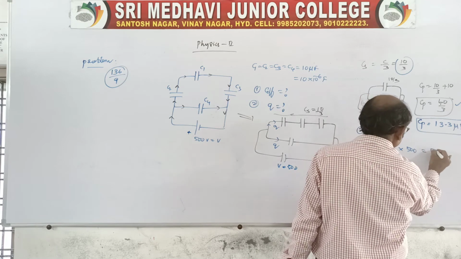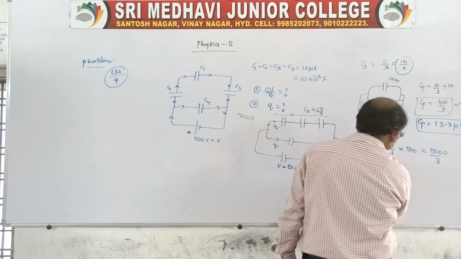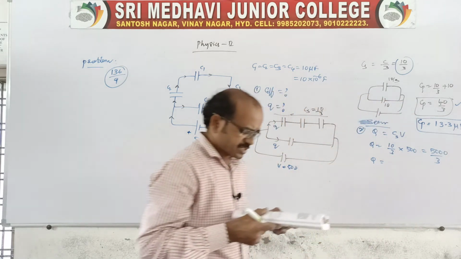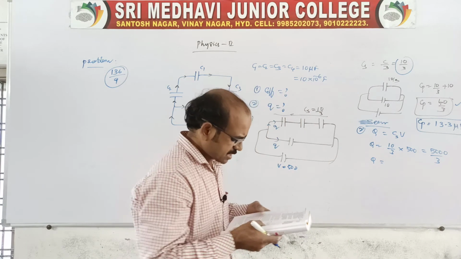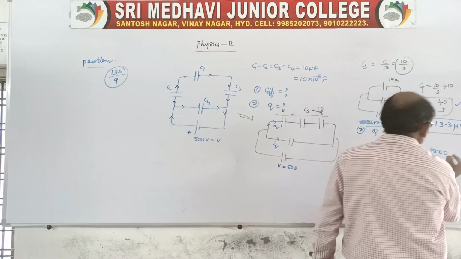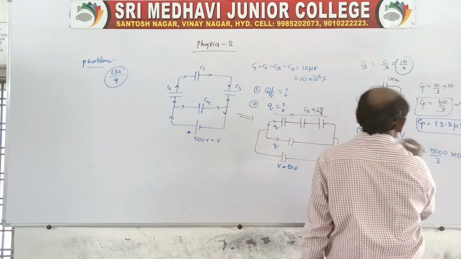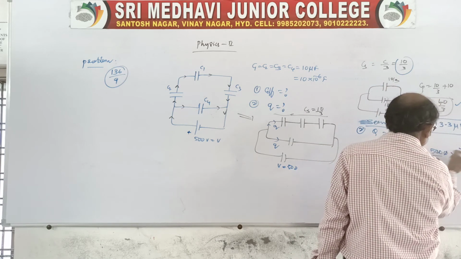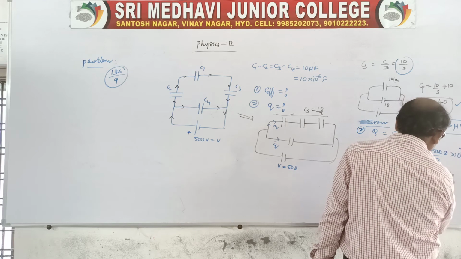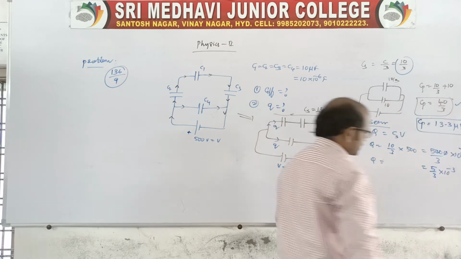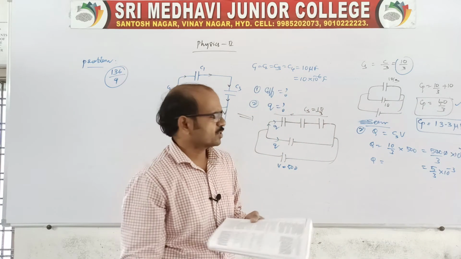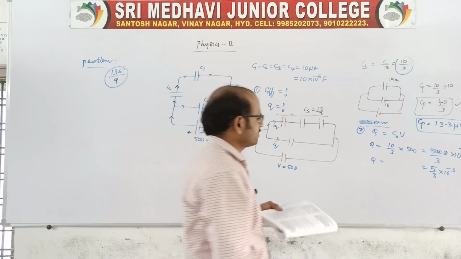So it is 5000 by 3, and if you simplify, since each capacitance is in microfarad, 10 power minus 6, this will cancel, giving 5 by 3 into 10 power minus 3 coulombs. You can simplify further, but it is no problem if you leave it.